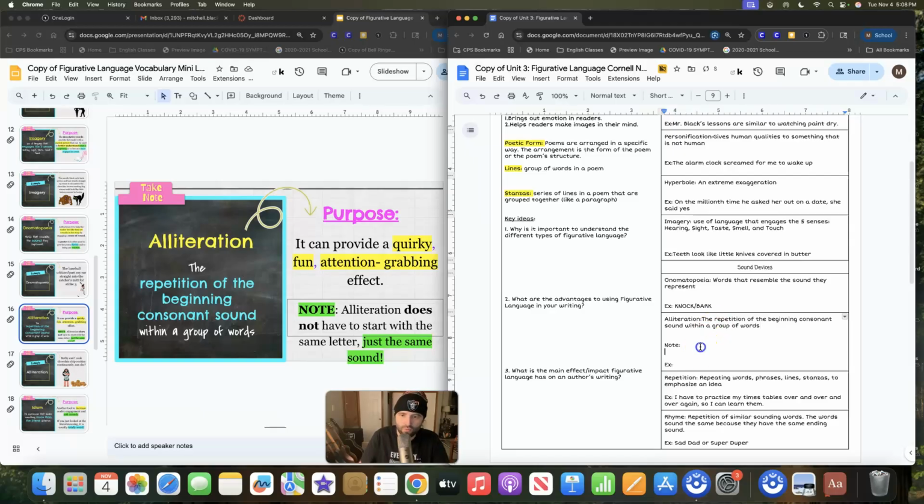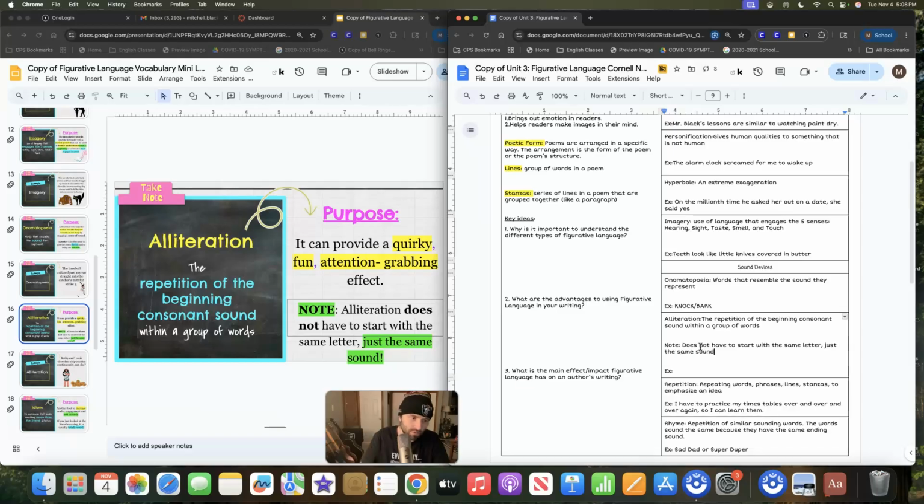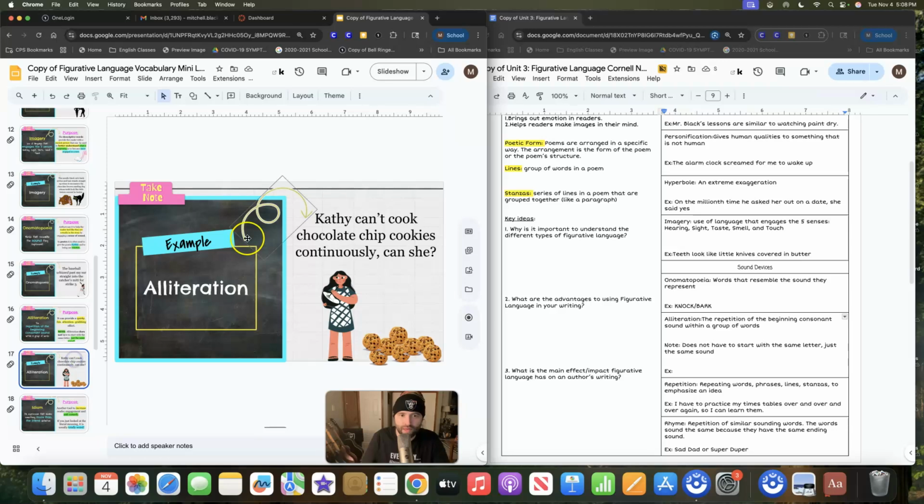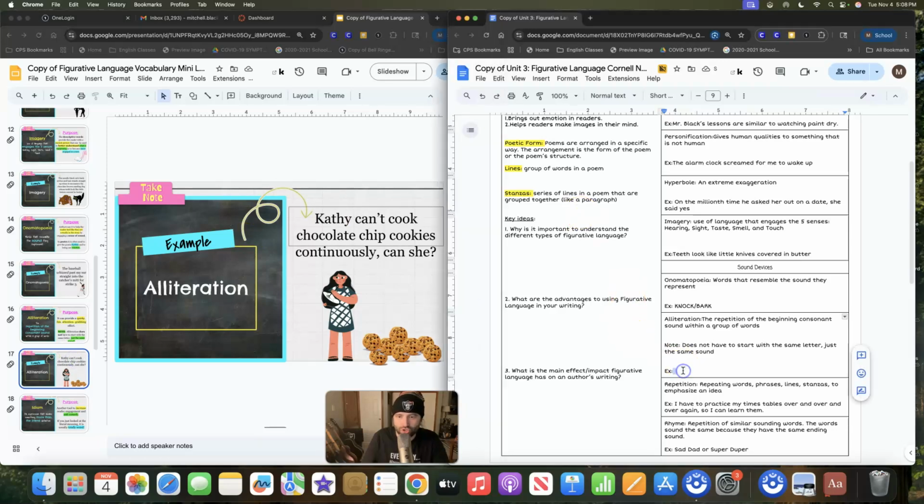Now, note, alliteration does not have to start with the same letter, just the same sound. So here we have an example of that: Kathy can't cook chocolate chip cookies.